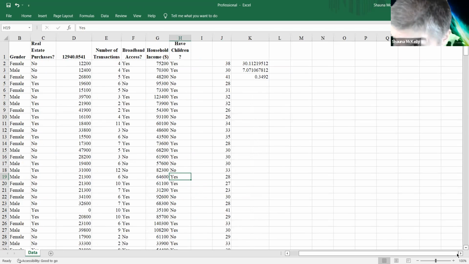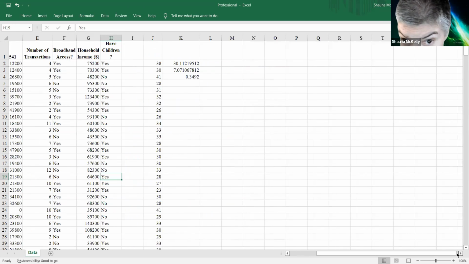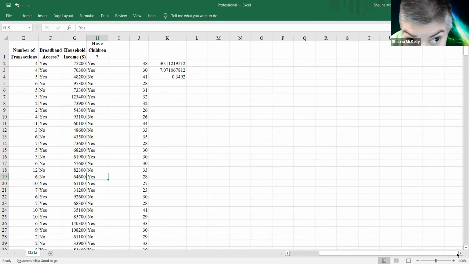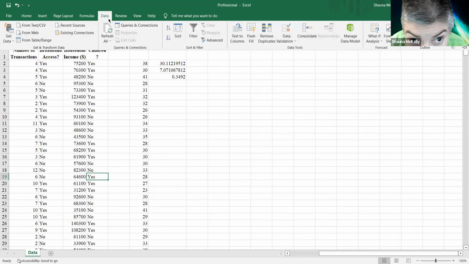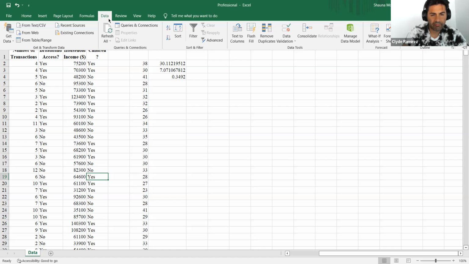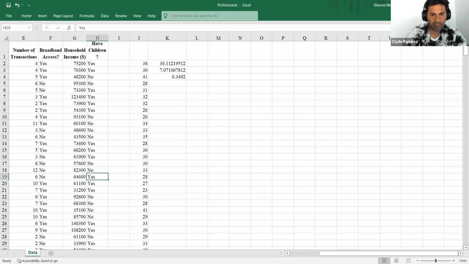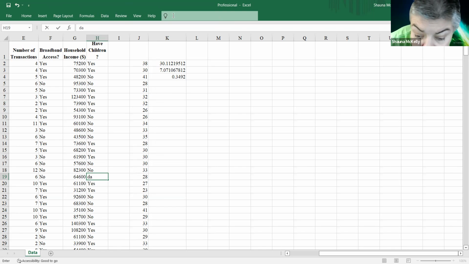I don't show data analysis anywhere on your spreadsheet. Show me where is data analysis. Oh, it's add-ins.